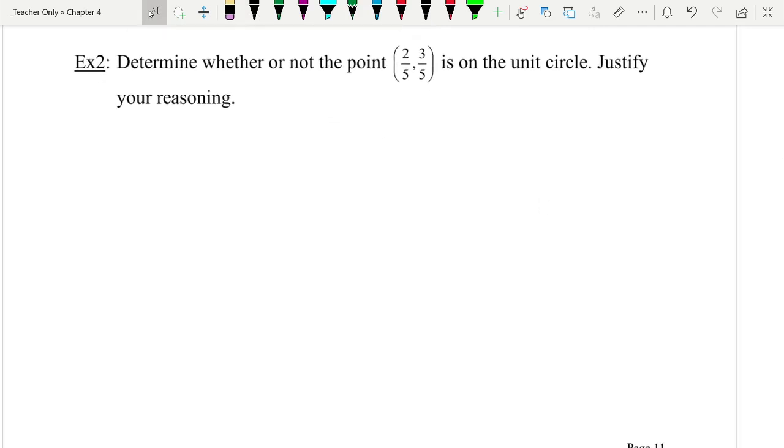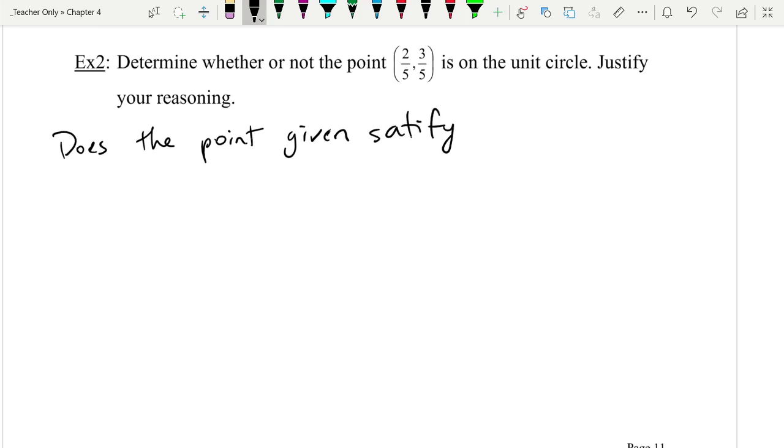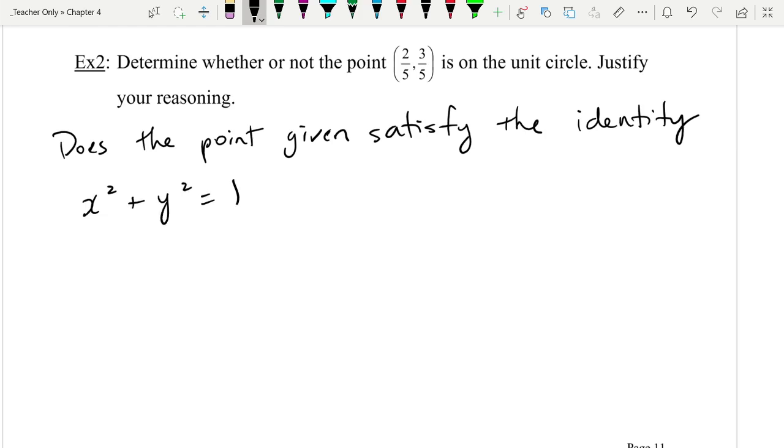Here's an interesting question. Determine whether or not that point is on the unit circle and justify your reasoning. Okay, so basically I'm trying to figure out, does the point given satisfy the identity x squared plus y squared equals 1.